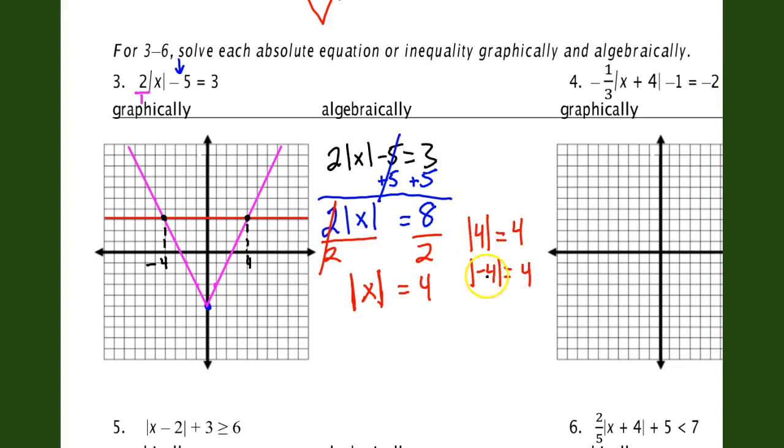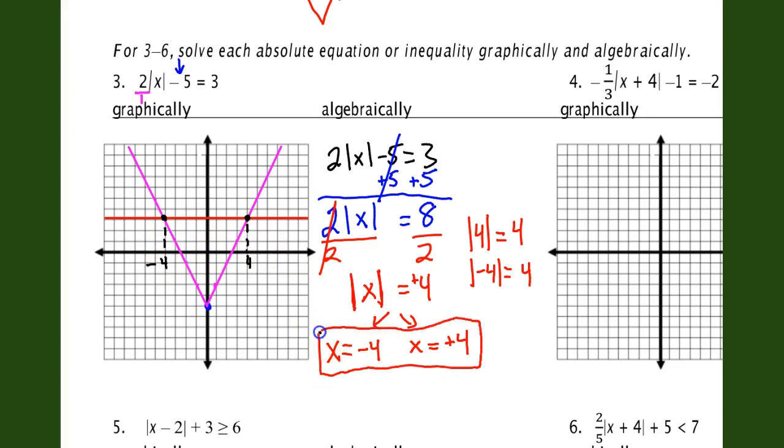So that's why we have two answers when we have absolute value, because there's two numbers we can plug in for x that will give us a +4. So we can simply go here and say, well, because it's absolute value, x will equal -4 and x will equal +4. The absolute value of both of those numbers equal +4. So that way we can get the same answer graphically here and algebraically here.